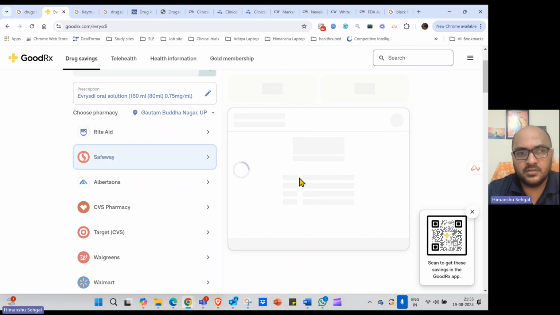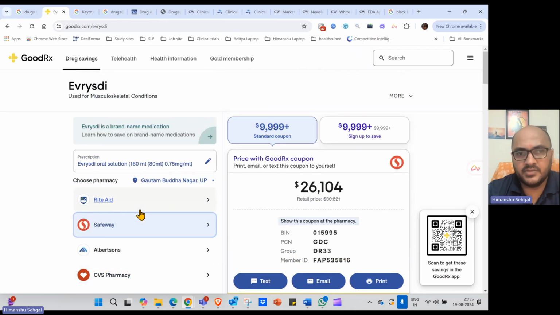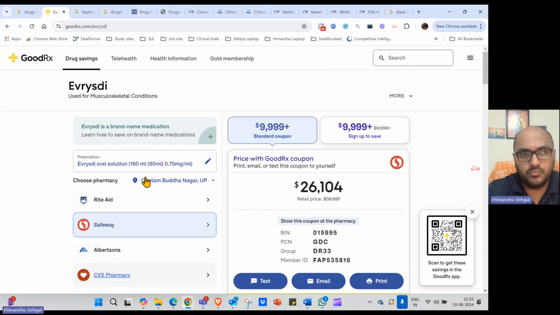If you check, it gives you different pricing for all. It will tell you at what prices it is available at what place. Again, it's a starting point. You can take out an average if you want this information for your client. You can look at GoodRx, or you can do it at drug.com also.